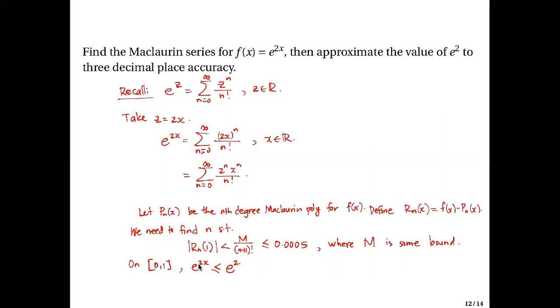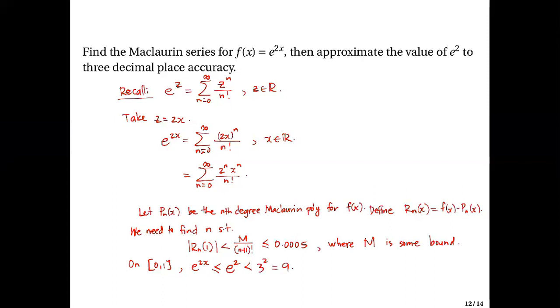So the highest value of x is 1, so 2x will be less than or equal to 2. That's why e squared is greater than or equal to e to the 2x. But e is some irrational number, so instead of e, let's just use 3. So 3 squared, and we will have 9.